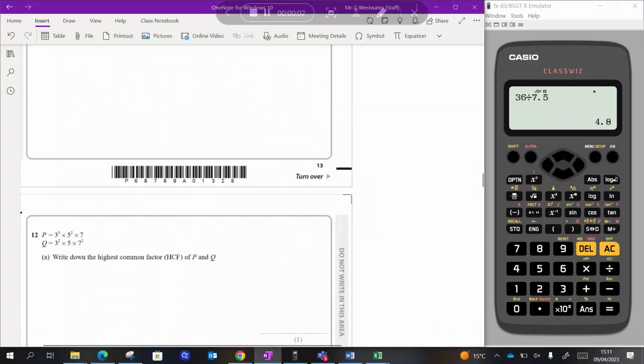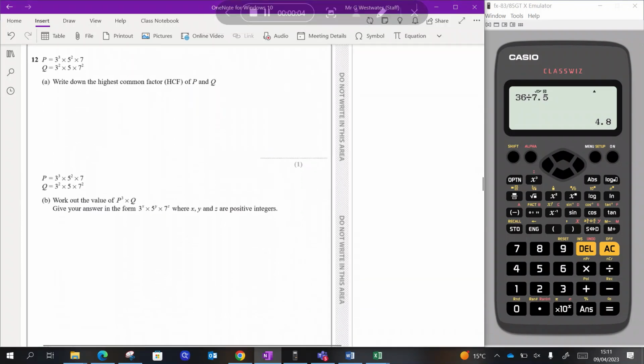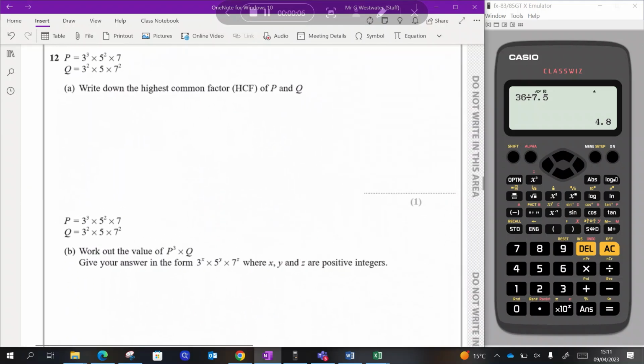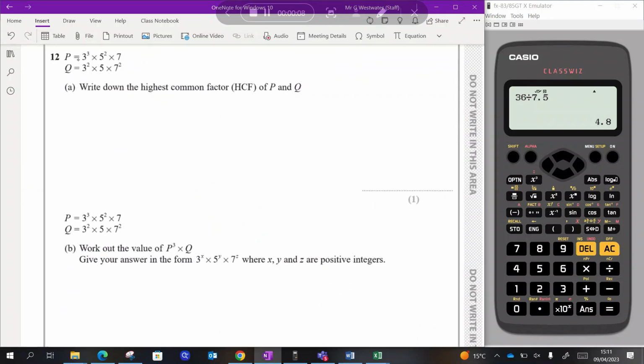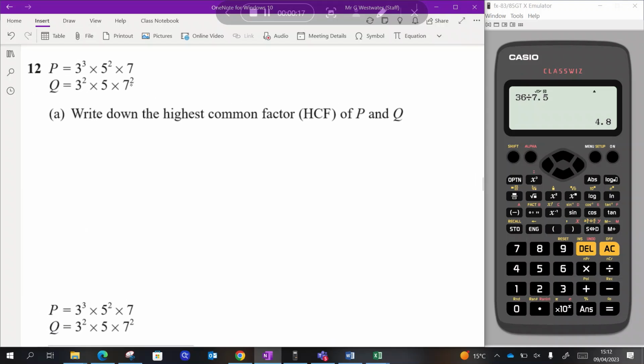Okay, on to question 12. And this looks like some properties of numbers with prime factor breakdown. So write down the highest common factor of P and Q. So this is where we're looking for things that they have in common. So they've both got 3's in common. In fact, if we were to write this out, P has 3 3's multiplied together, Q has 2 3's multiplied together.